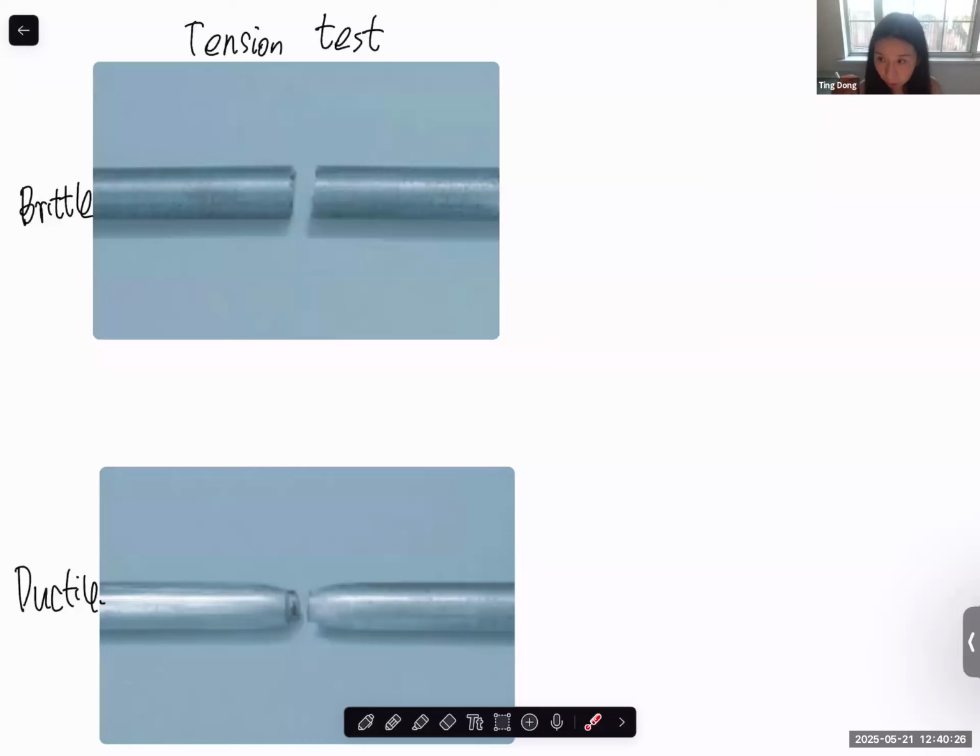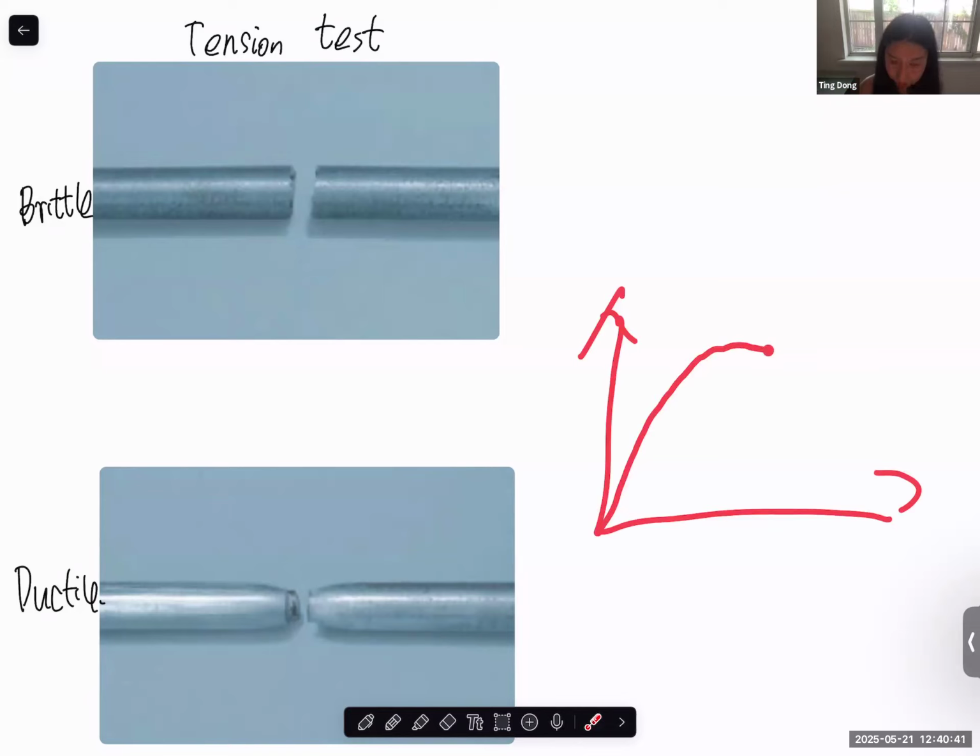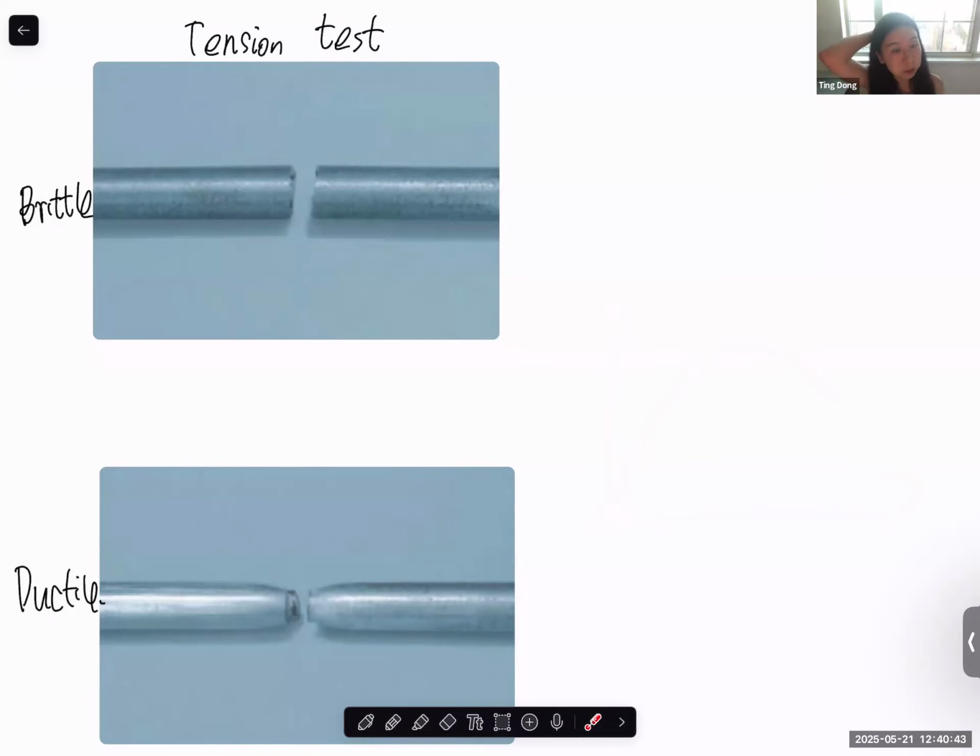Necking. Okay, so I guess you learned a little bit from maybe some materials class before this one. So yes, for ductile material, if you remember, there's a stress strain curve, and for ductile material there's some necking, and then it breaks. But brittle material fails directly, right? Yes, so that is one part of the explanation.